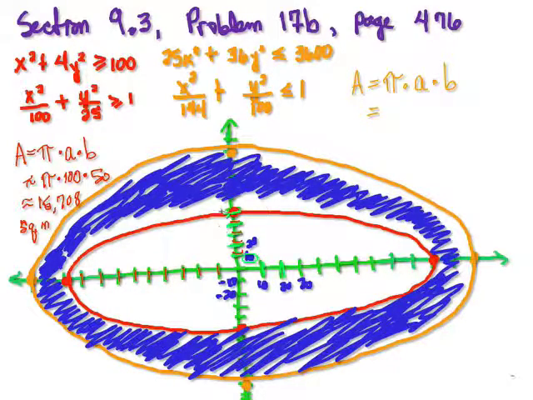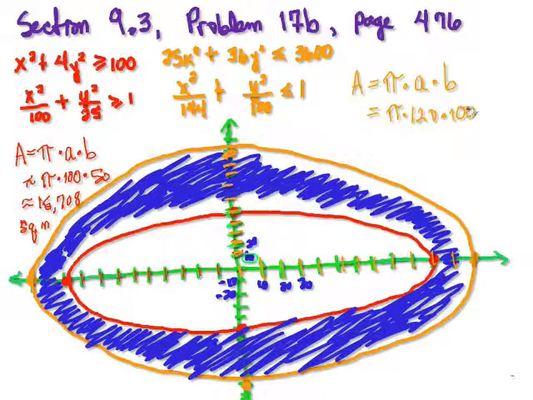And now let's think about this. A with the orange ellipse is going to be 10, 20, 30, 40, 50, 60, 70, 80, 90, 100, 110, 120. So it's going to be pi times 120, the length of the semi-major axis. And then down over here, it's 10, 20, 30, 40, 50, 60, 70, 80, 90, 100.